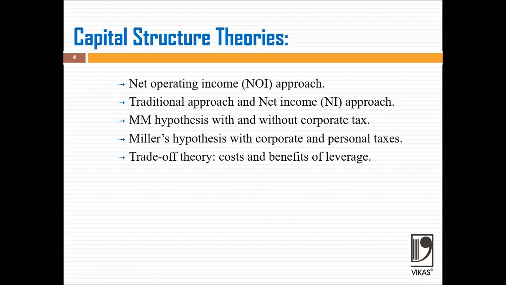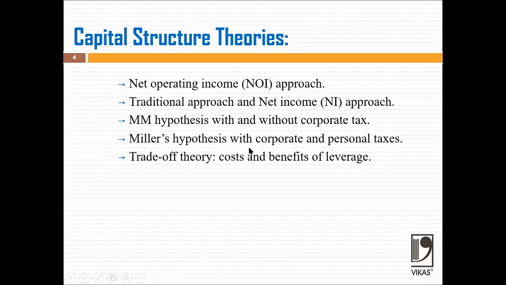And the traditional approach and the net income approach. Net income, right? We are not talking about net operating income; here we consider only the net income approach. And the hypothesis without corporate tax is the Miller and Modigliani theory, proposition 1.